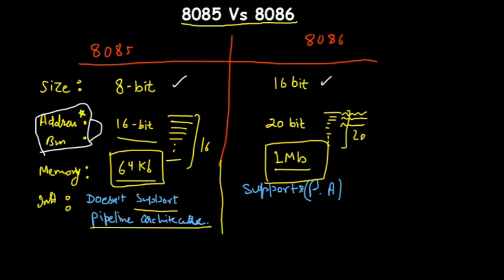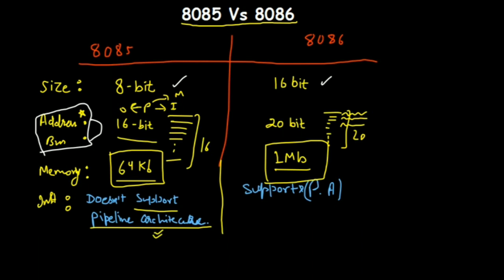Address bus is the communication, the highway between the processor and the input output and the memory. But inside the processor there is no pipeline structure, means there is only one path.